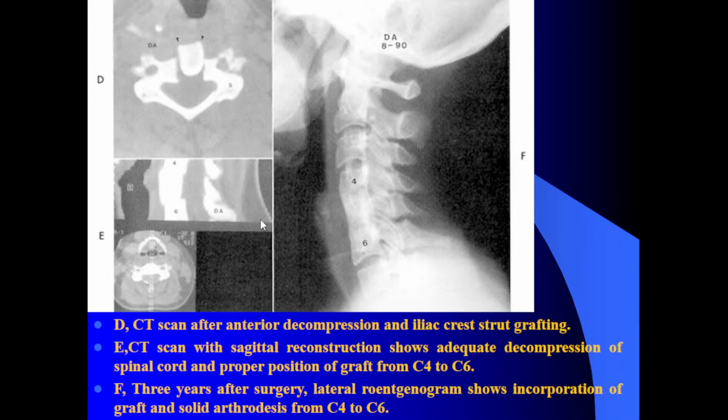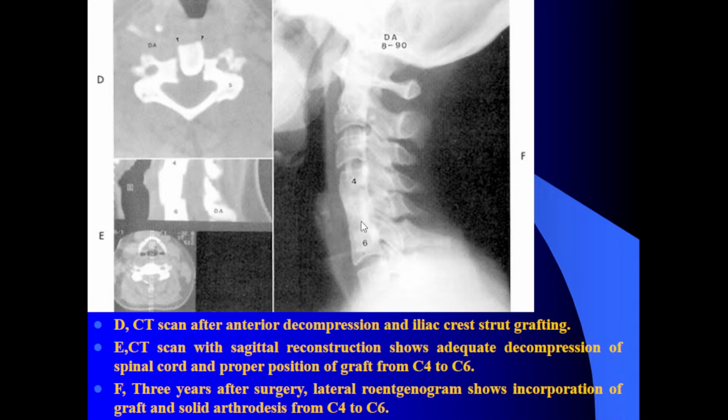So our main task in that case was fixation and stabilization of the anterior, middle and posterior column. For that reason we use grafting. Once again we take spongy bone from the pelvic area and perform transplantation to the damaged vertebral body area.